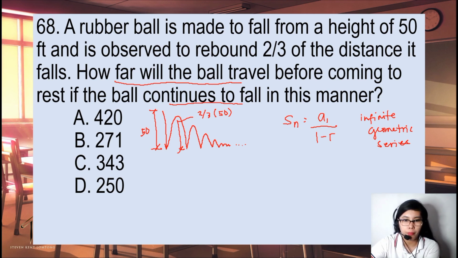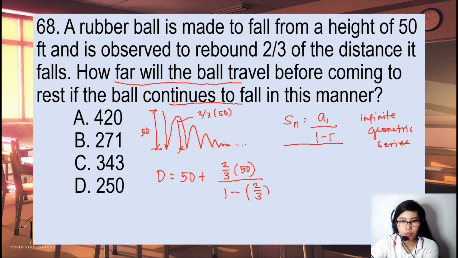So total distance, let's put this as D. So that's 50 plus the summation of the distance. So we're going to use this formula. A sub 1 natin, that is starting from 2/3 times 50. So 2/3 times 50 over 1 minus 2/3.